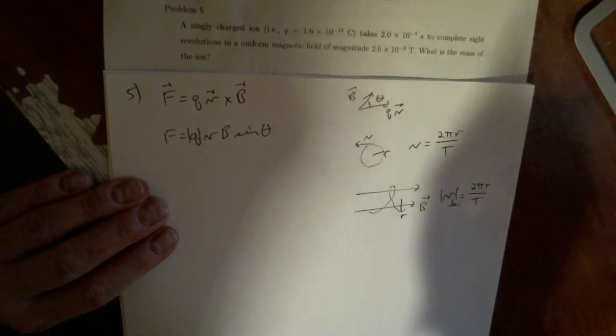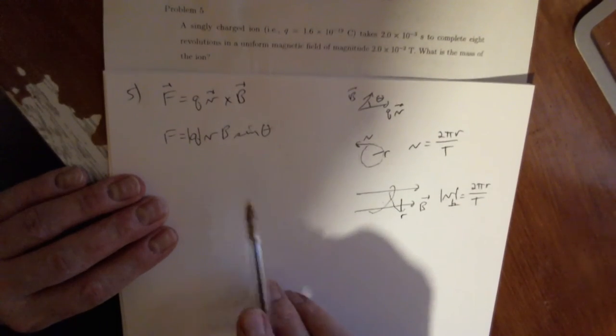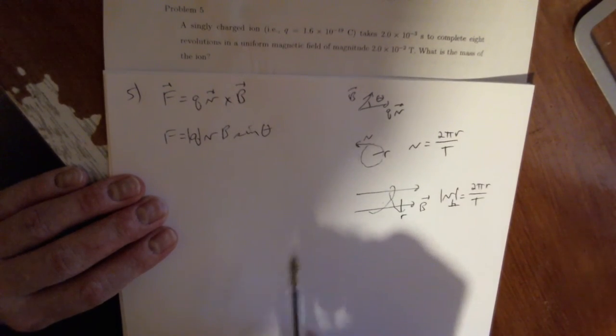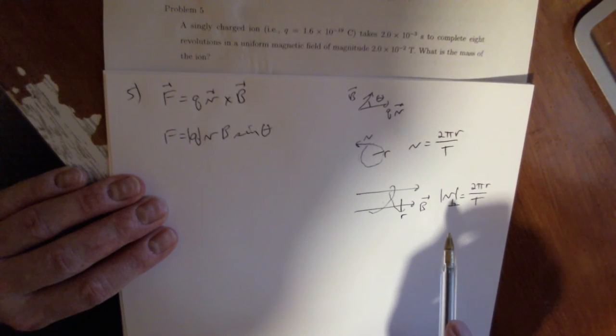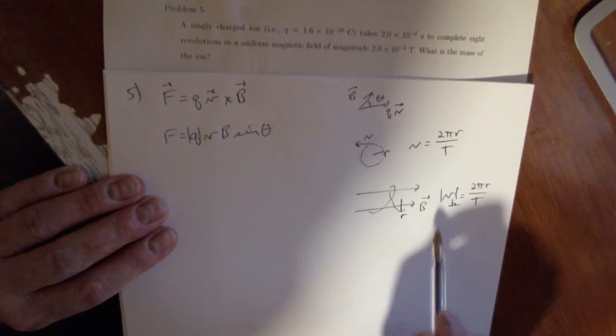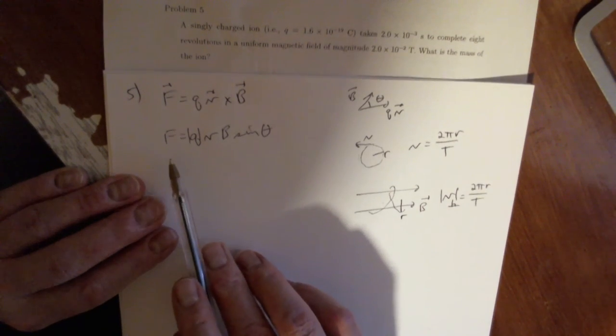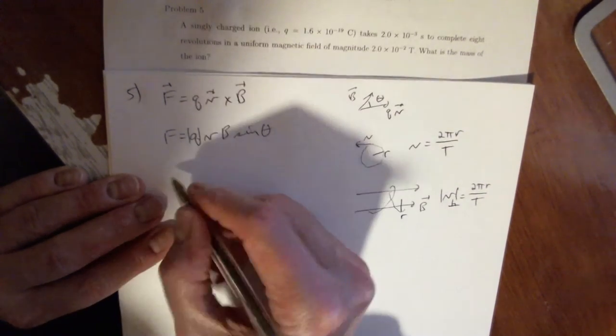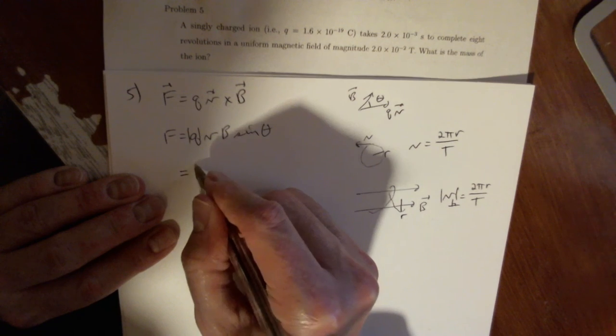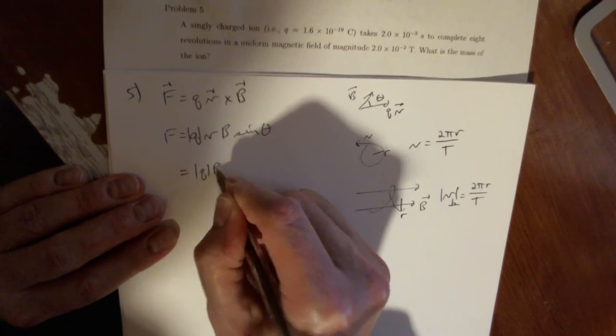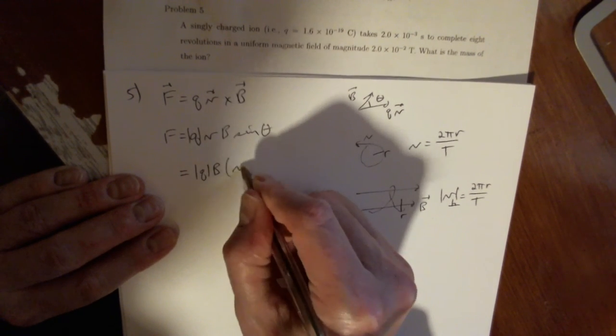And the convenient thing is that it is the component of the velocity perpendicular to the B field lines that is the part that gives the force, because we can write the magnitude of the force as magnitude of Q times B times V sine theta.